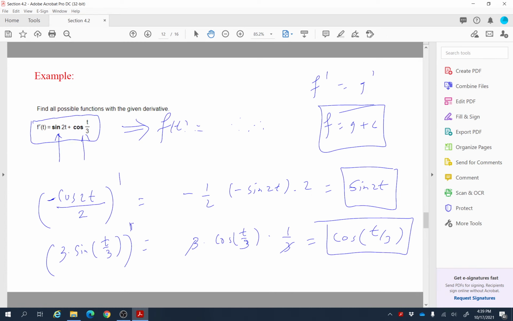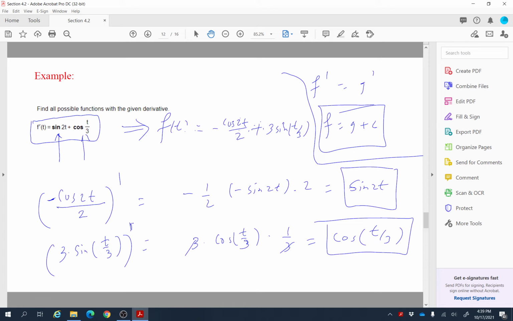Okay, so the function would be negative cosine 2t over 2 plus 3 sine t over 3. If you try to find out the derivative of this function, that will be this one.